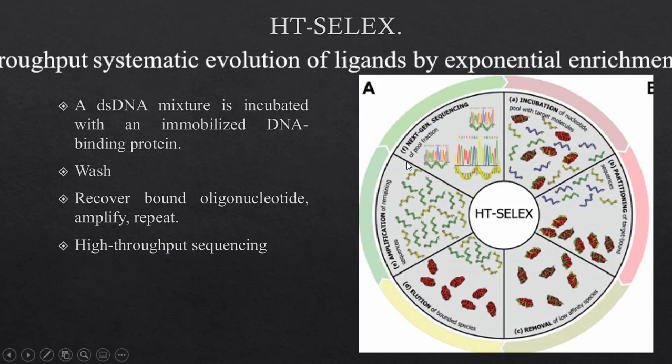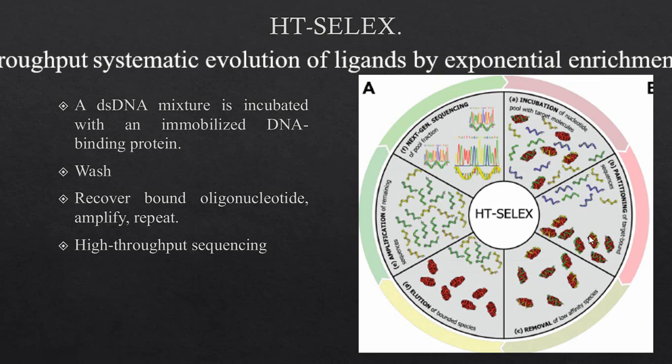This one is the incubation of the nucleotide pool with target molecules. Target molecules are the transcription factors of interest, and the pool is a nucleotide pool that spans a certain genomic sequence. Second is partitioning. What is partitioning?